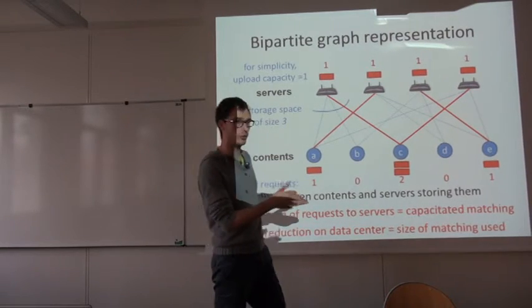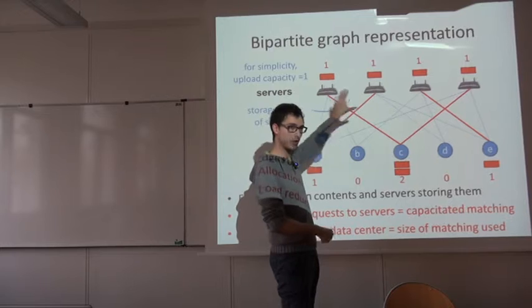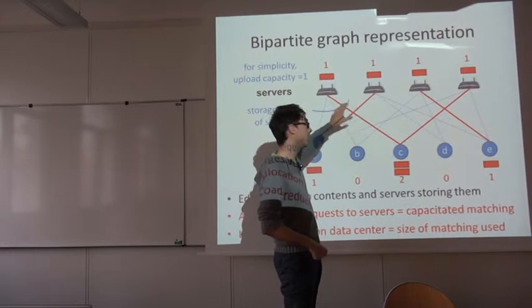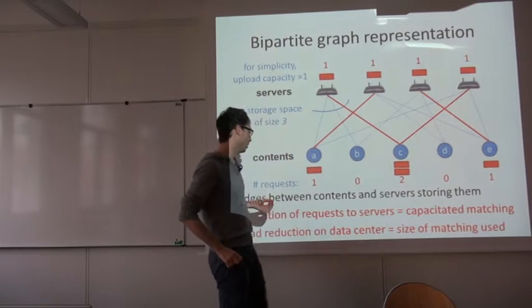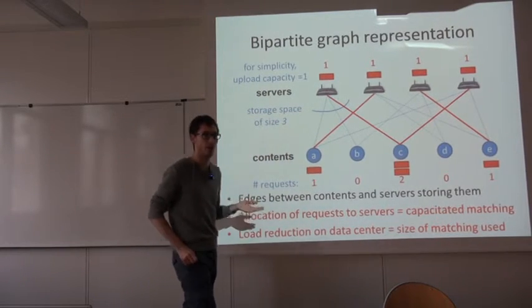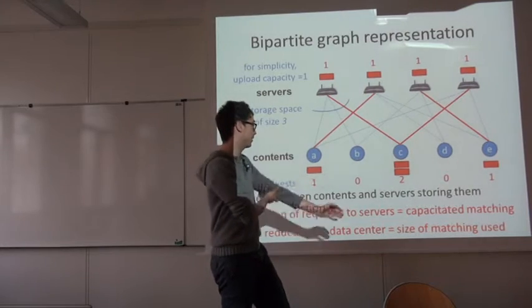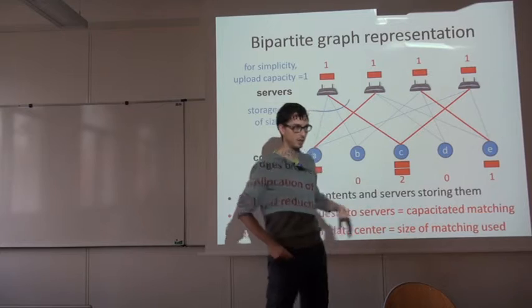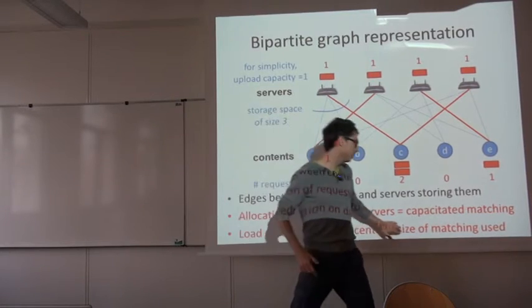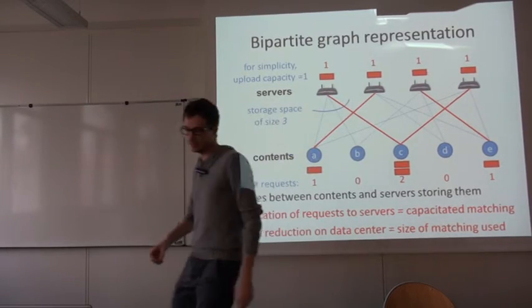And then if I want to know, for a particular organization of this system, meaning a particular graph and particular capacities, what is the load reduction that I will have for the data center, that is not on this picture, it will just be the size of this capacitated matching that I have. So this is why we want to study the size of these objects.